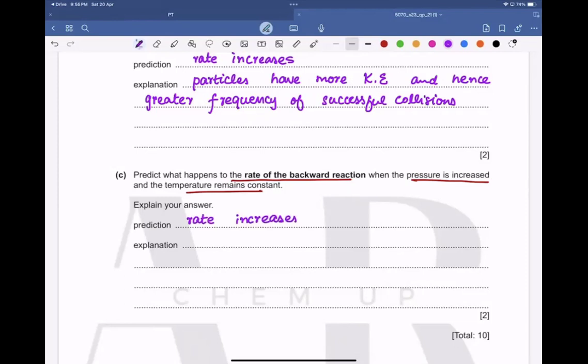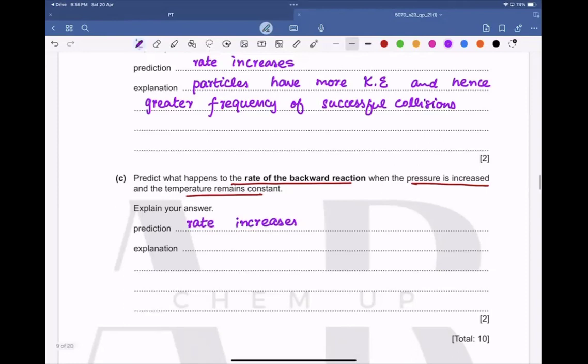So again, rate increases, and the explanation would be, now more particles in a unit volume, right? Because if we apply the pressure, the gas compresses, the molecules come closer to each other.